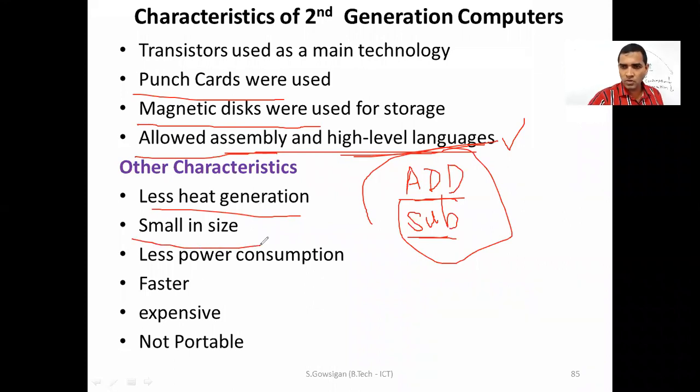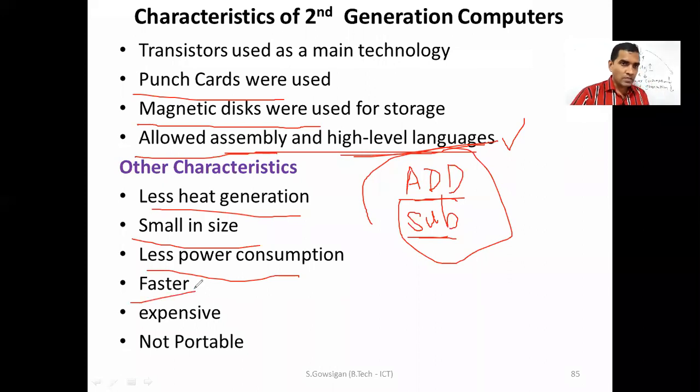Here, I put small in size. No, it's big, right? Computers were big, but smaller than the first generation. Have you got that? For presentation purposes I put it as small, but it is smaller than the first generation. In the second generation also, computers were very large. Less power consumption, same story, less than the first generation.